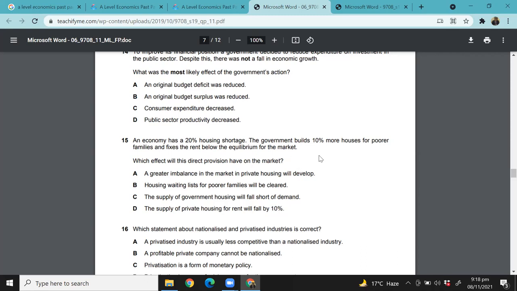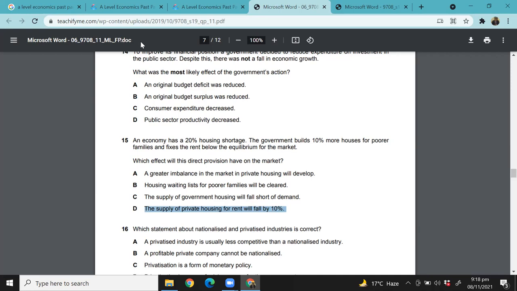We do know that the government set a maximum price below the equilibrium, but they did not mention how much below. So how can the statement be so sure that the supply of private housing will only fall by 10%?